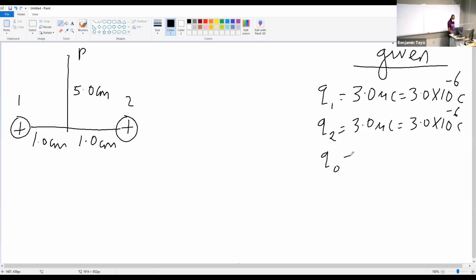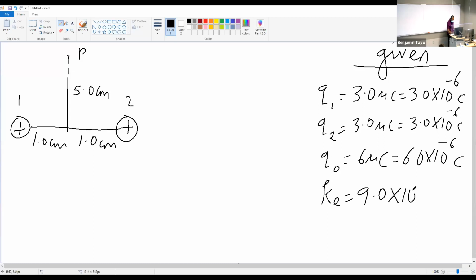My Q naught is 6 microcoulombs, which is 6.0 times 10 to the negative 6 coulombs. In this formula, do we always have to convert to coulombs? Yes, not microcoulombs. Unless I say give your answer in microcoulombs, we always need to put in the standard unit, which is coulombs.